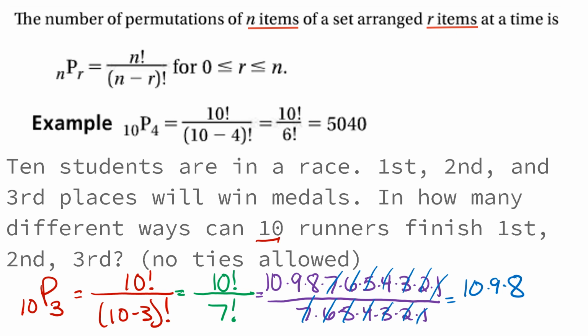Whatever your factorial is in the bottom will cancel out all the numbers in the top that are less than or equal to that number. So 10 factorial over 7 factorial, all the numbers 7 and below will cancel, and you'll just be left with 10, 9, 8. So we don't have to do all that long multiplication. You multiply that, you should get 720.